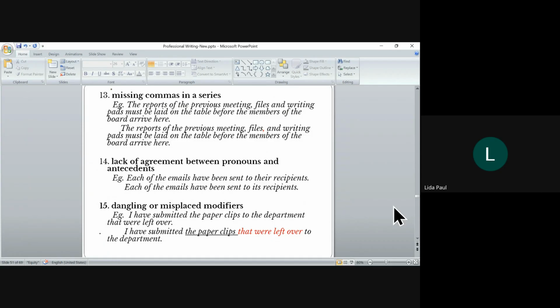What helps you modify? Adjectives or adverbs, or alternatively adjectival clauses or adverbial clauses, right? All of them can help you modify a given noun.